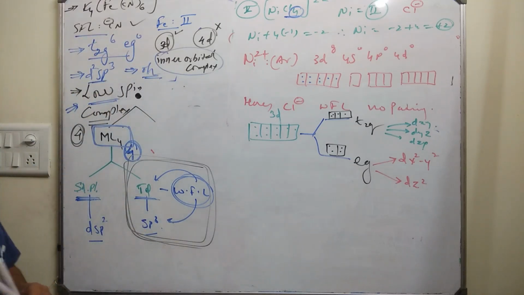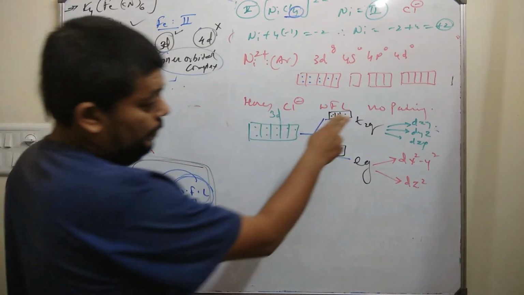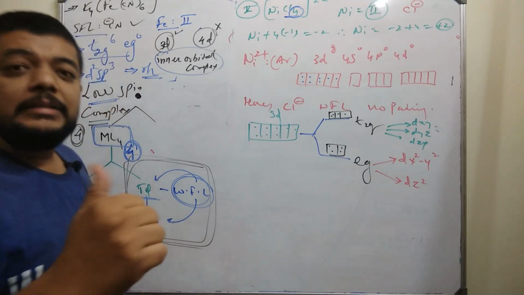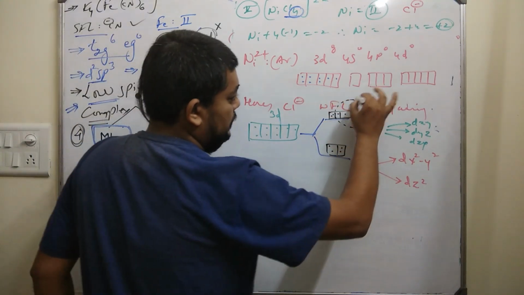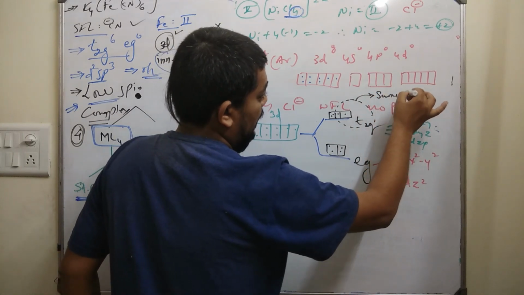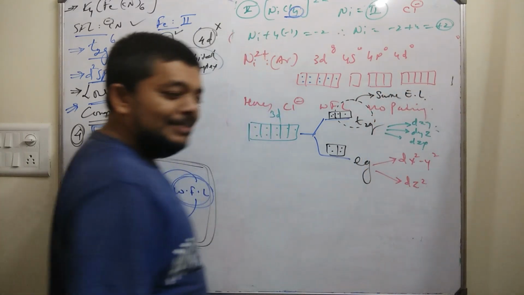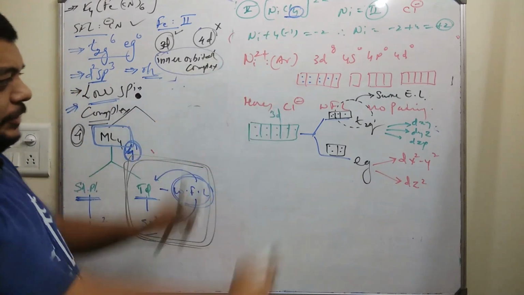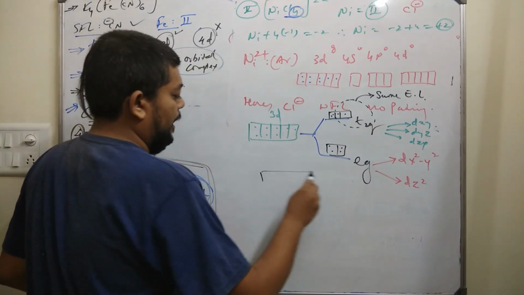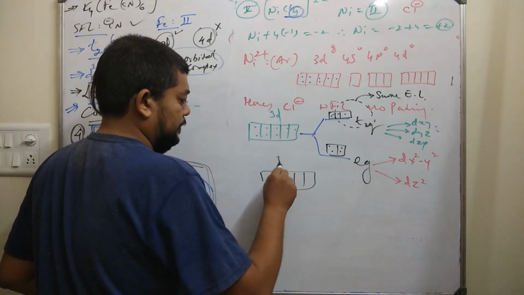Now you know better than me. Sir, you cannot pair these 2 electrons. Why, sir, can we not pair these 2 electrons? Because these 2 electrons are in the same energy level. Number 2, it's a weak field ligand. So leave it as such.